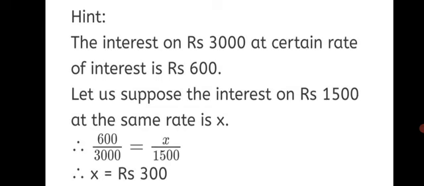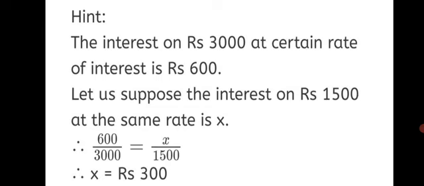The interest on rupees 3000 at certain rate of interest is rupees 600. Let us suppose that the interest on rupees 1500, the other principal, at the same rate is X. So now we take the direct proportion ratio. 600 upon 3000 is equal to X upon 1500. Interest next to each other and principal is in the denominator. Now cross multiply.